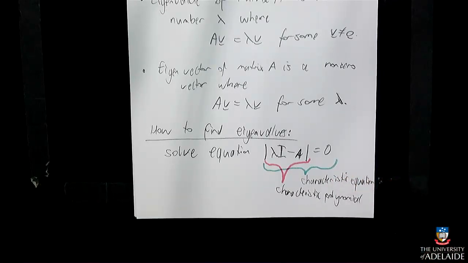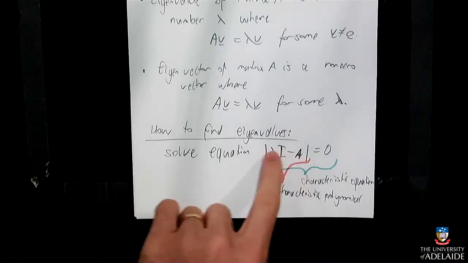So it doesn't matter which one you talk about, but it's important to note that if someone says characteristic polynomial, they just mean this thing here, not the equal to 0 part, just the expression with the lambdas in it. The characteristic equation is the bit that's equal to 0. For the purposes of solving this, it doesn't matter if you do A minus lambda I or lambda I minus A. For the purposes of finding the eigenvalues, that doesn't make any difference because minuses are either wiped out or come out of determinants, and the 0 isn't affected by a minus.